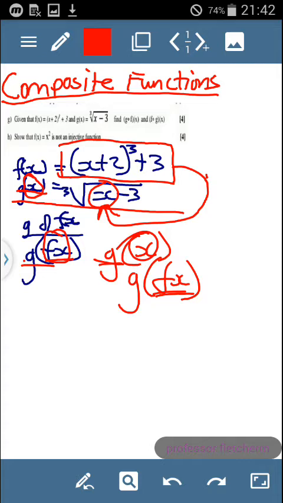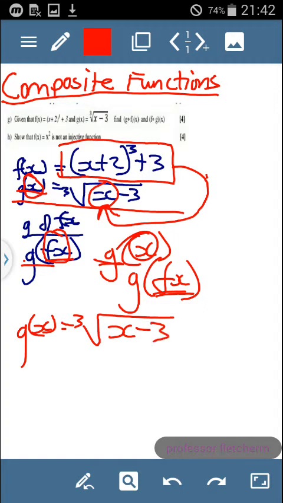So when we will be calculating, it will be something like this. g of x initially goes to the cube root of x minus 3. But now we have g of f of x.